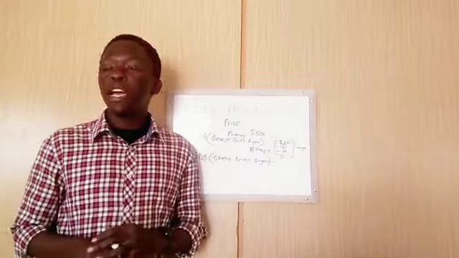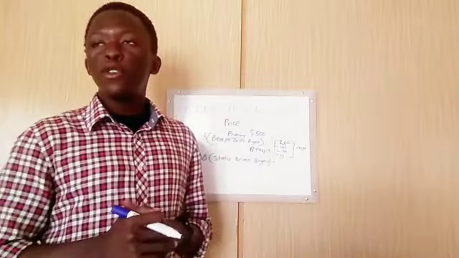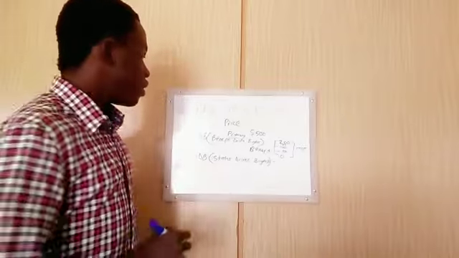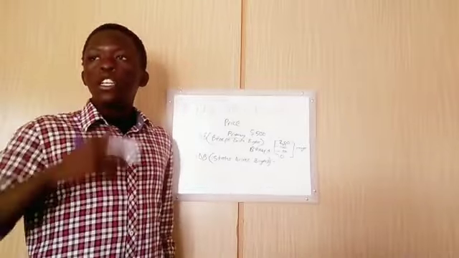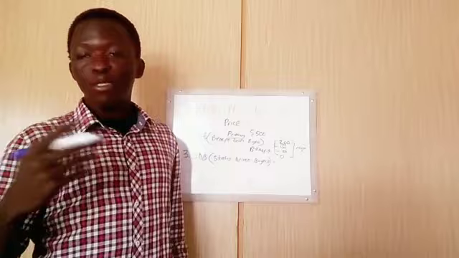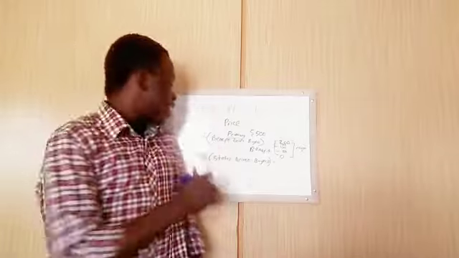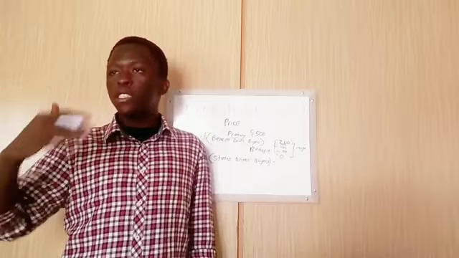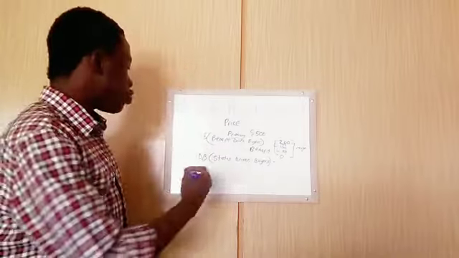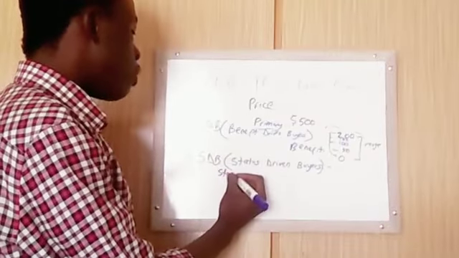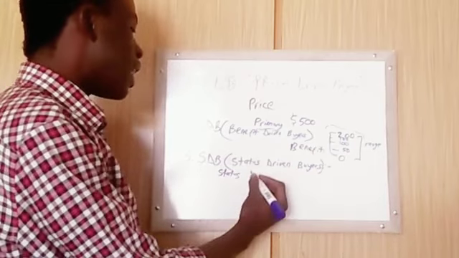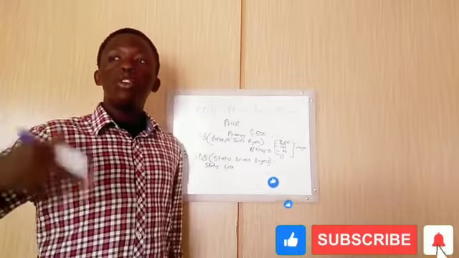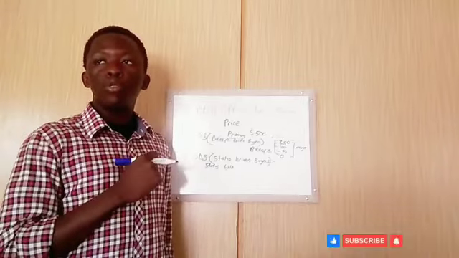Now the status driven buyers, what is the major factor that makes them buy your product irrespective of what you are selling? Okay. So the status driven buyer, what's the primary factor that makes them buy your product? It is the status. And when we say status, we mean how your product is going to make them look and feel after buying the product.